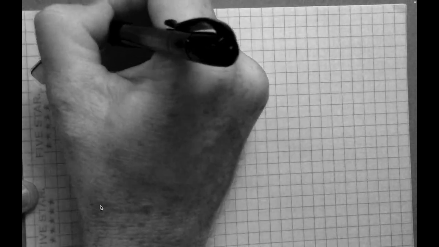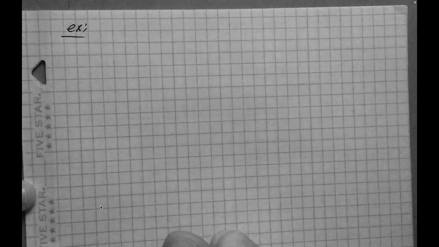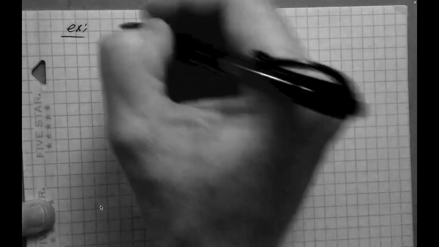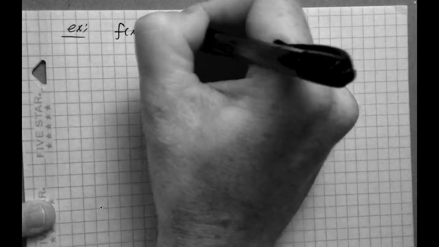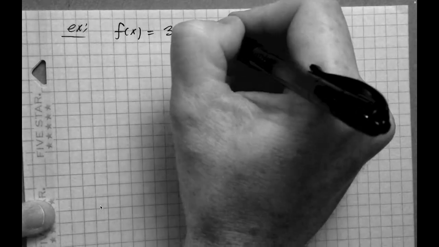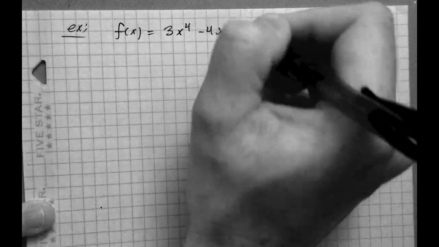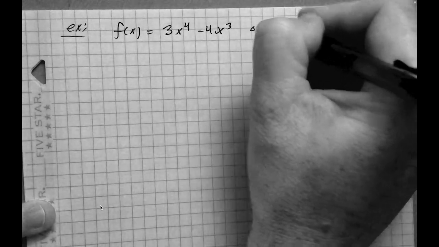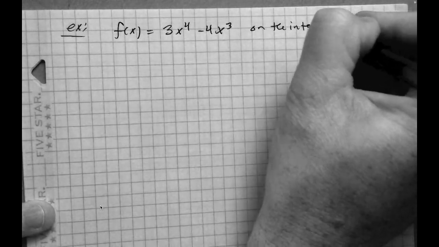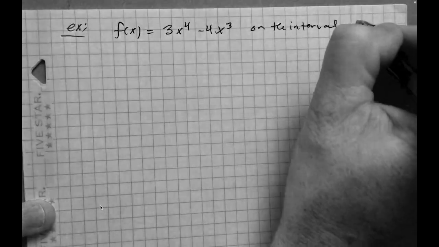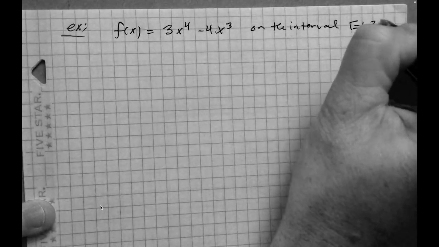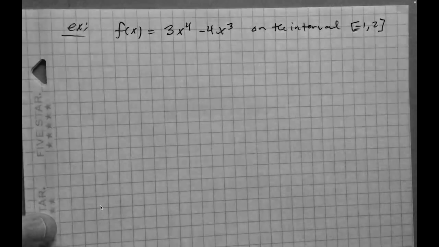Okay, so let's do an example. Find the extrema of this function, f of x equals 3x to the fourth minus 4x cubed, on the interval -1, 2.